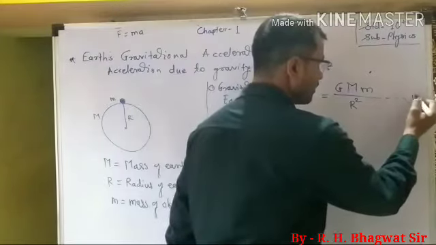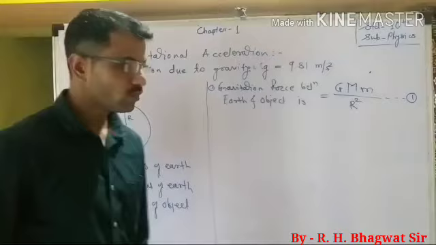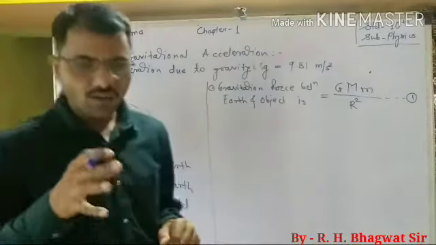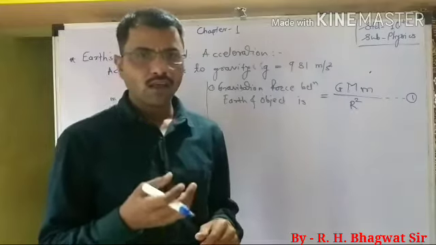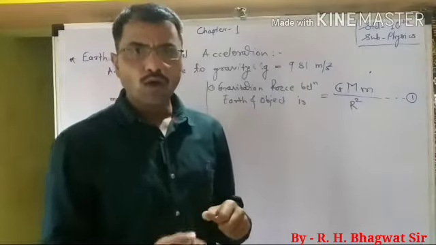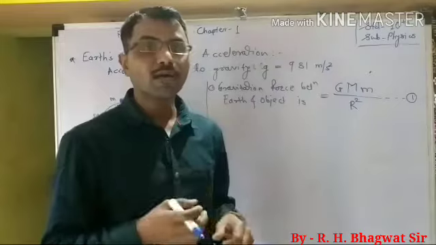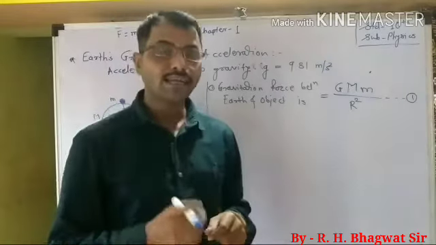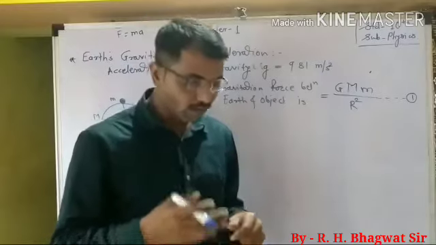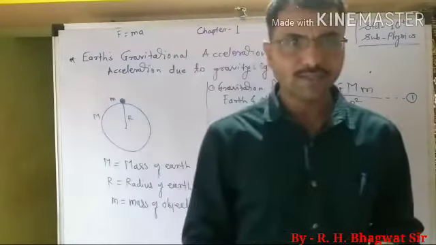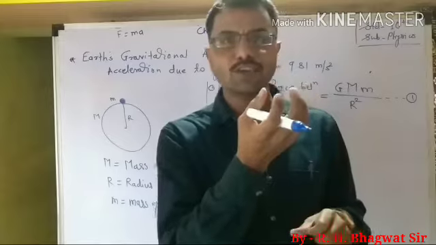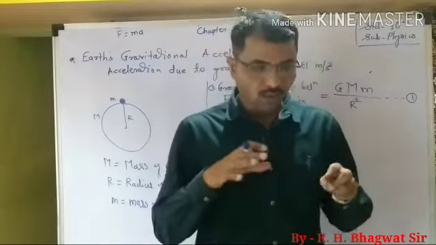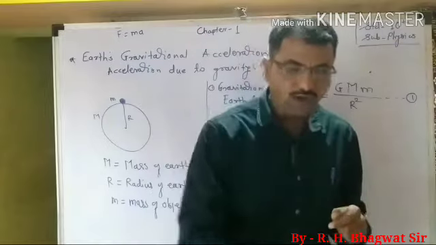Let's consider this the first equation. But when the object is on the Earth's surface, the gravitational pull acting on that object is nothing but the weight of that object acting in the downward direction. When we stand on the Earth's surface, the Earth exerts a gravitational pull on us, due to which we exert weight on the Earth's surface.